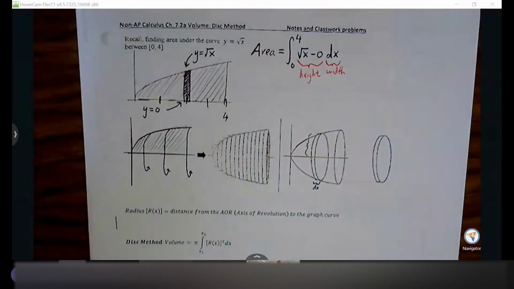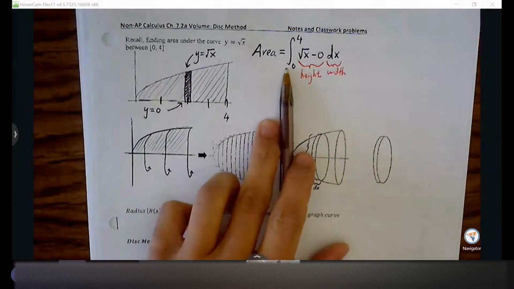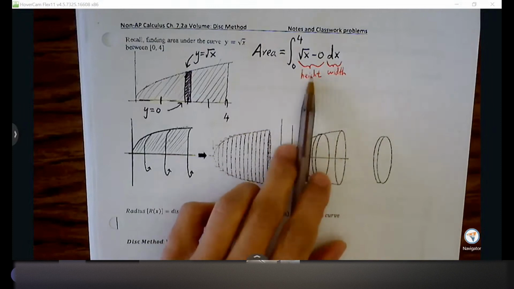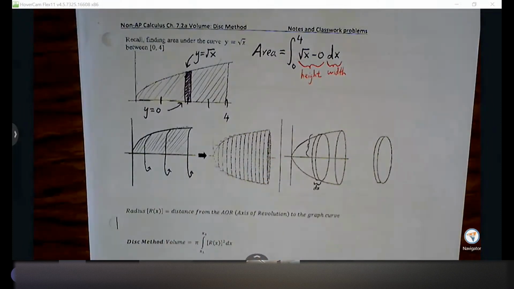So height times width, we accumulate that from one boundary to the next, and we have infinite numbers of areas of rectangles, because height and width produces what we know to be the area of rectangles.